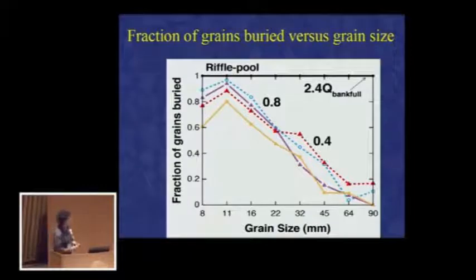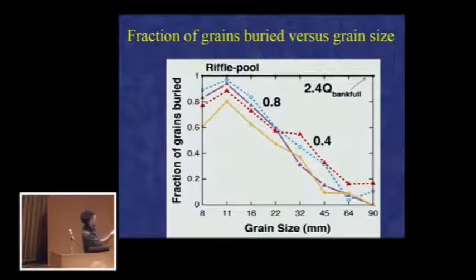If we look at the fraction of grains buried in this case, there is a clear trend of decline in burial with particle size for almost all of the flows that we consider. This is 0.4 bankfull, this is 0.8, and the other one.